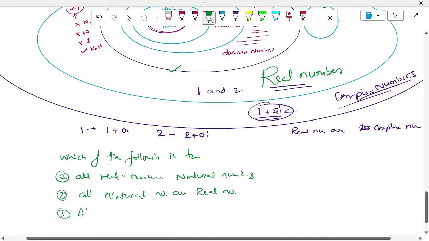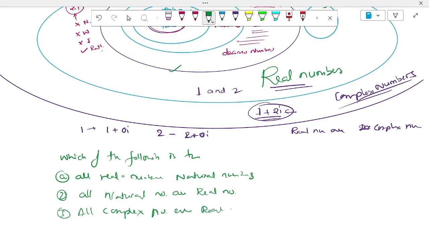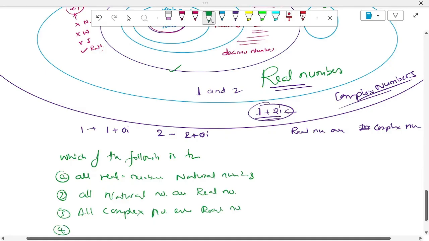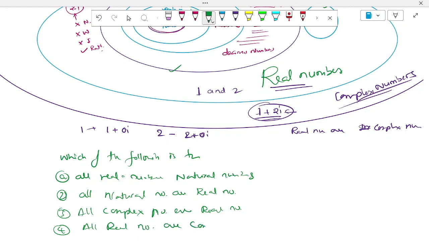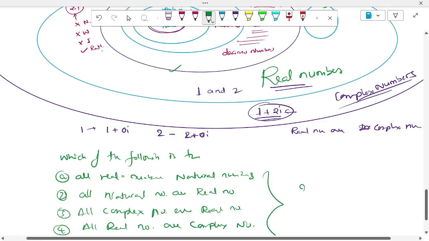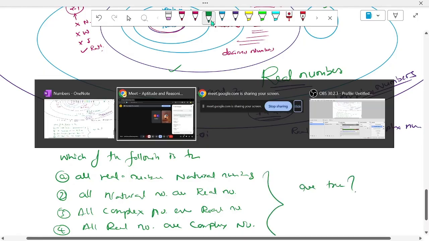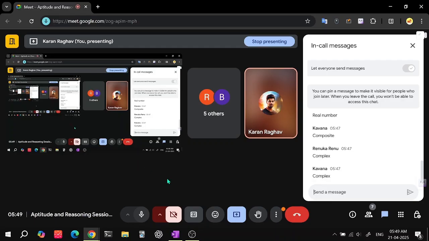Third one, all complex numbers are real numbers. And the fourth one is all real numbers are complex numbers. Can you tell me which of these are true?